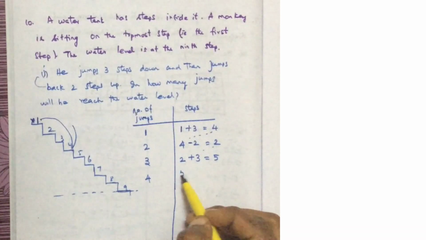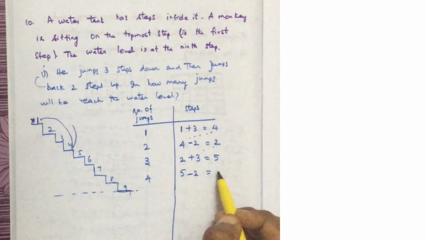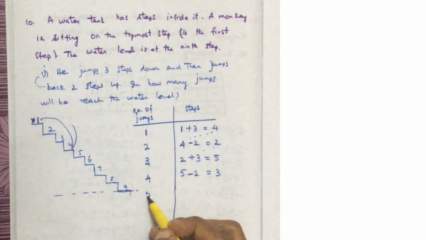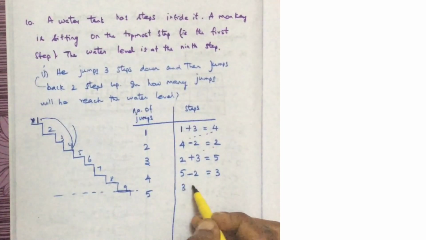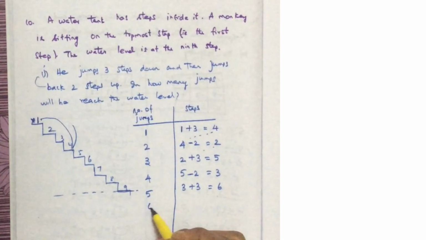So this is 5 minus 2. When the symbols are different, subtract, and the greater number's sign is positive. So the 5th jump, plus 3 steps down, 3 plus 3 is 6.